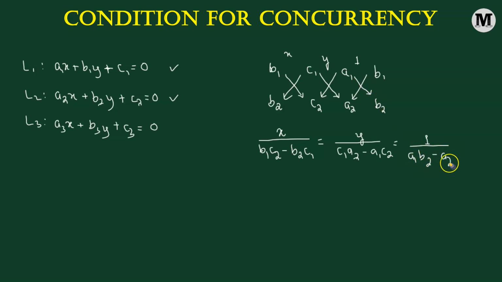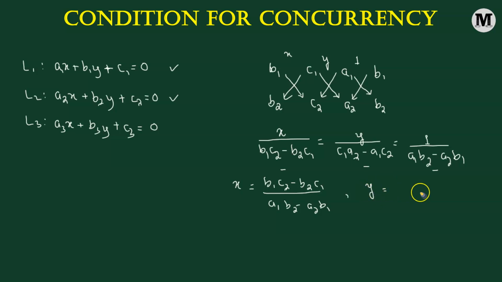Now to find out the value of x, we're going to consider the first ratio and equate it with the last ratio. So x is going to be equal to b1 c2 minus b2 c1 divided by a1 b2 minus a2 b1. And then we're going to take the second ratio and equate it with the last one, the third one.